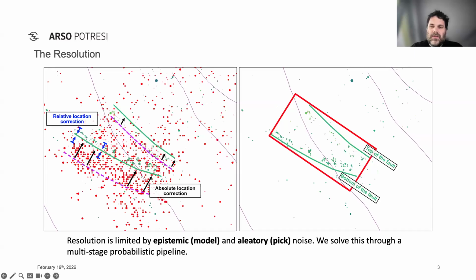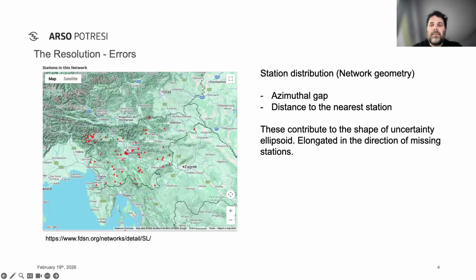One thing we also need to do is always quantify all these uncertainties, because when we show our earthquake catalog, we want to also show the estimated errors, not just the locations of the earthquakes. The first major source of epistemic error is the network geometry, specifically how our seismometers are distributed around the earthquakes that we are interested in.